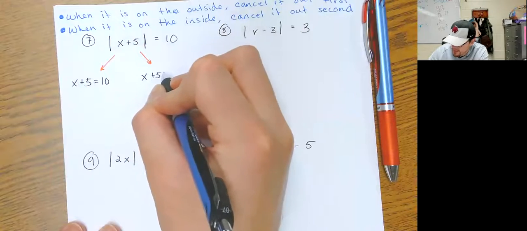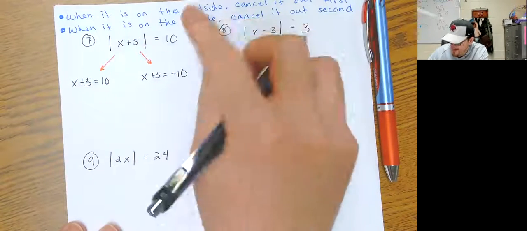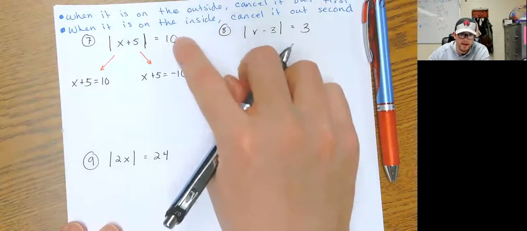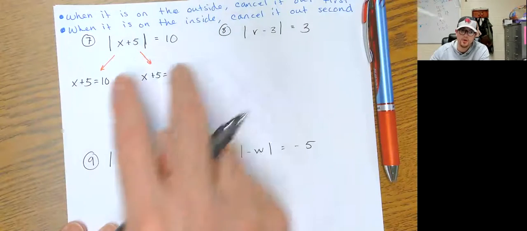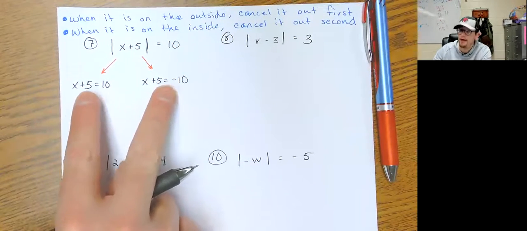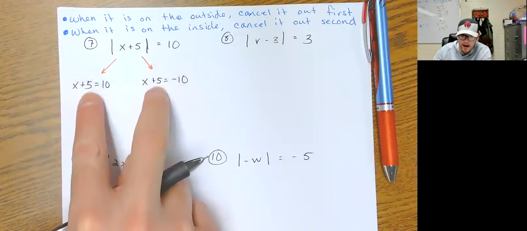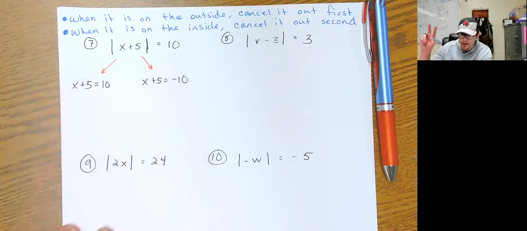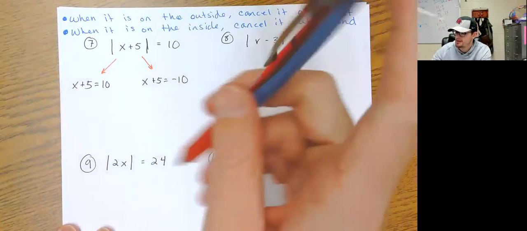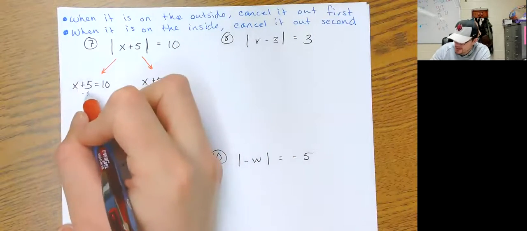So x plus 5 equals negative 10. This is always the one. This is the value that we make either positive or negative. So we separate it out. And then secondly, now that it's separated, we can cancel out. And you have to do it for both of these. We're getting two answers. So how do I get rid of addition? Subtraction.